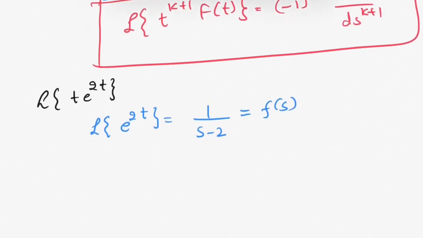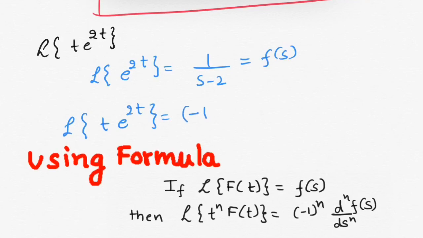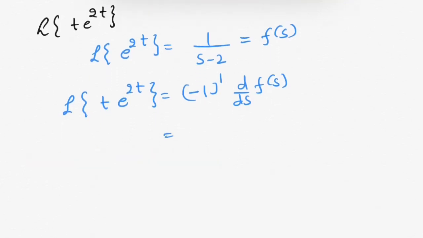Now let's find the Laplace transform of t e^(2t). The Laplace transform of t e^(2t) will be (-1)^1 times the derivative of F(s). So (-1)^1 gives minus d/ds of 1/(s-2).